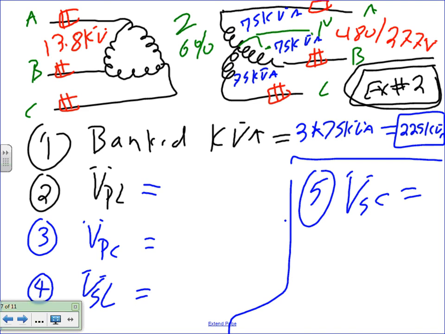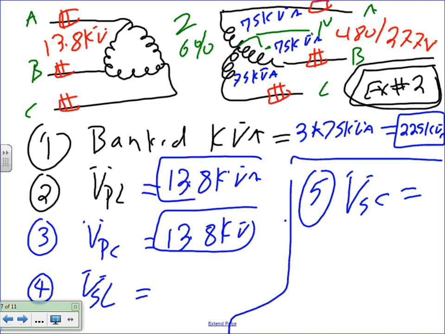All right, so we're going to do the same thing, and I'm going to go fast on this one. The primary line voltage, piece of cake, guys, is 13.8 kV. Everybody knows what 13,800 volt is, it's a high voltage. V primary coil is the same thing, 13,800 volt.